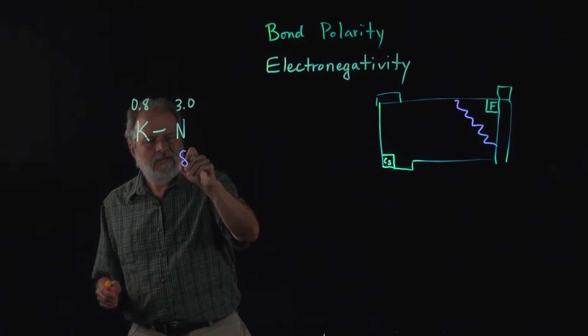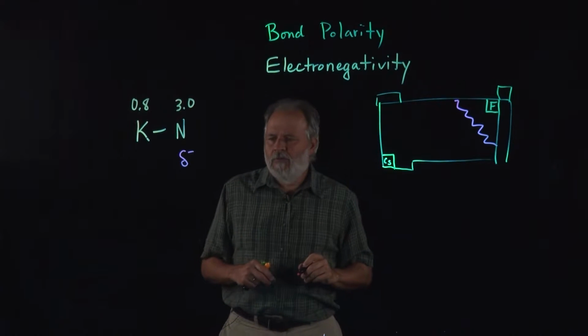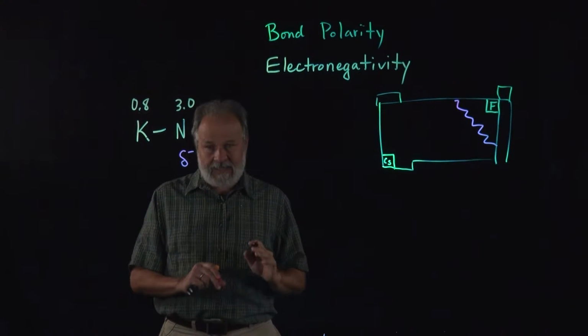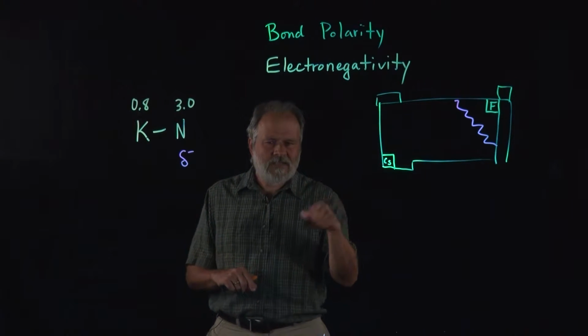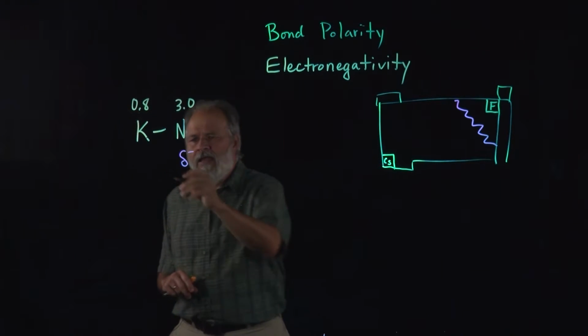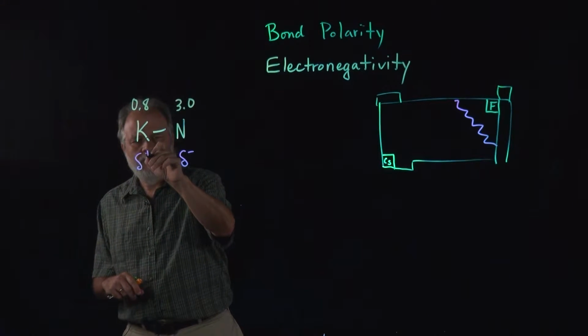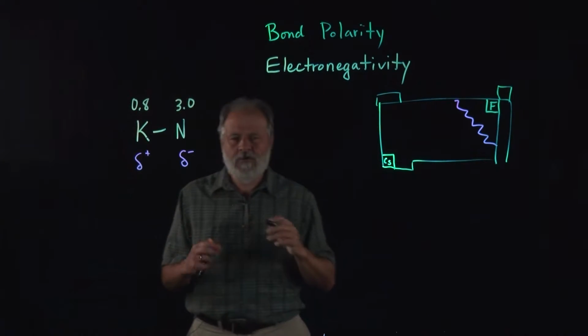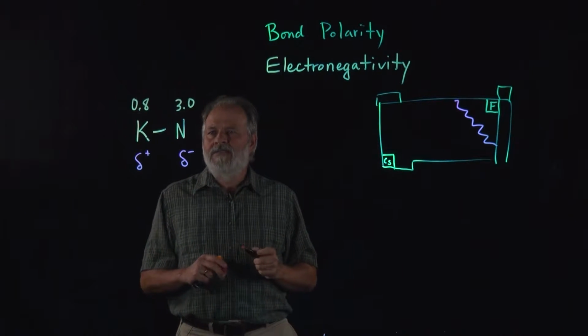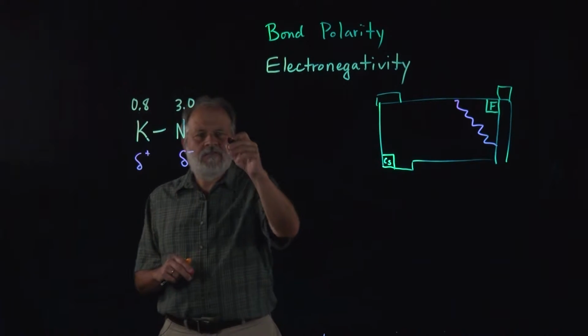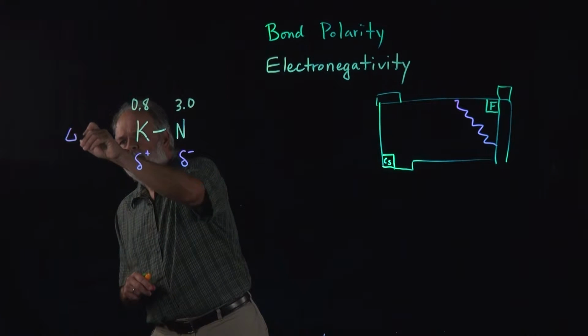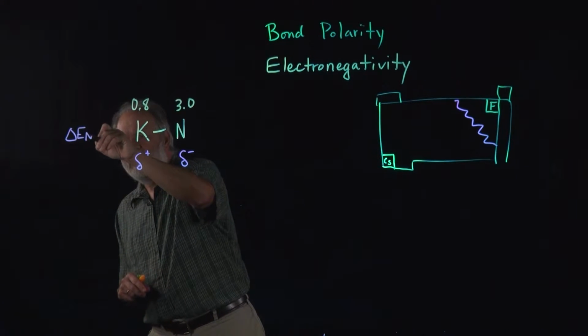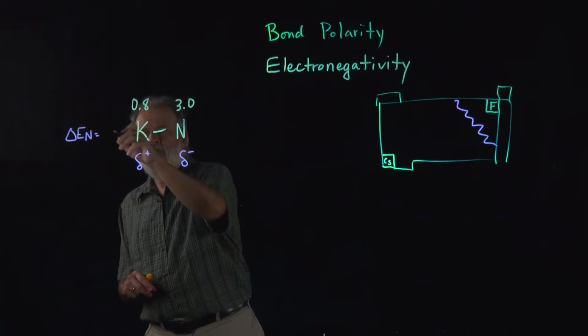And so that means this is going to be partly negative or maybe even completely negative. So the delta symbol means partially. And so this is going to be positive because it's losing the electrons that are being shared or transferred. All right, and so the difference in the electronegativity, which I'll abbreviate EN, is 2.2.